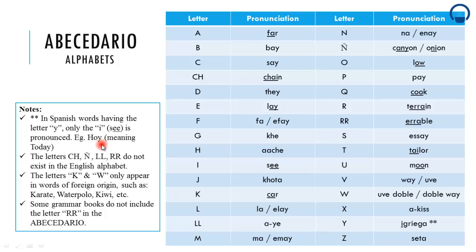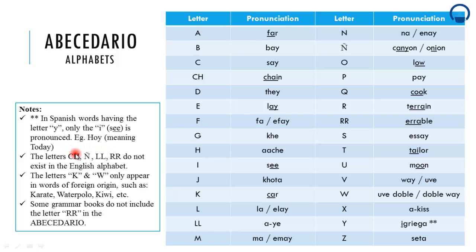It's not Hoi. It is Oi. Y is pronounced as E. Also note that the letter H is mostly silent in all the words of Spanish. So it is not pronounced anywhere.